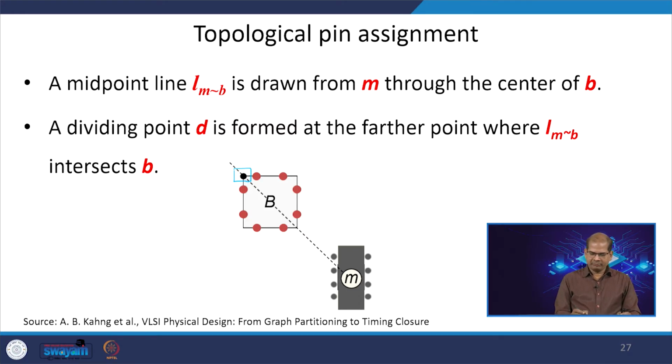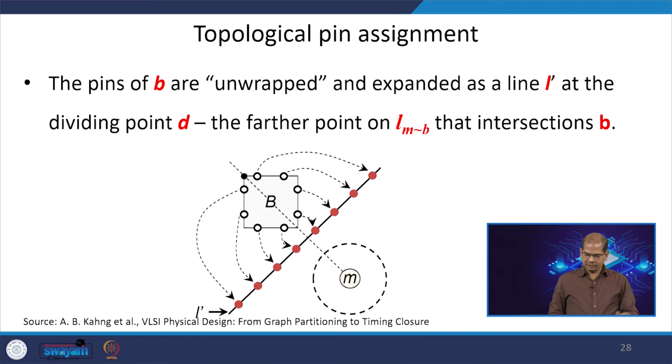So, you have this midline L M to B drawn from M through the center of B. It is going from M to the center of B. D is the farthest point. Then it will intersect the B block. Now, what we will do? We will draw a line perpendicular to that line.